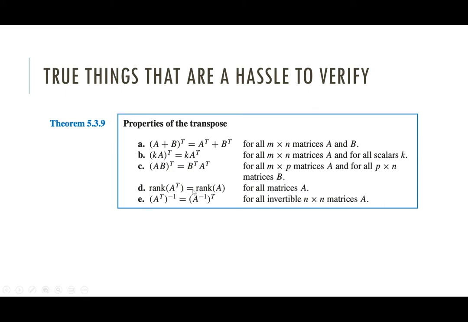The rank of your matrix is the same as the rank of the transpose. If you took the reduced row echelon form of either of these, you would get the same number of leading ones. Or another way to think about it is that the dimension of the column space of A is the same as the dimension of the column space of A transpose. That's worth thinking about, why that's true.